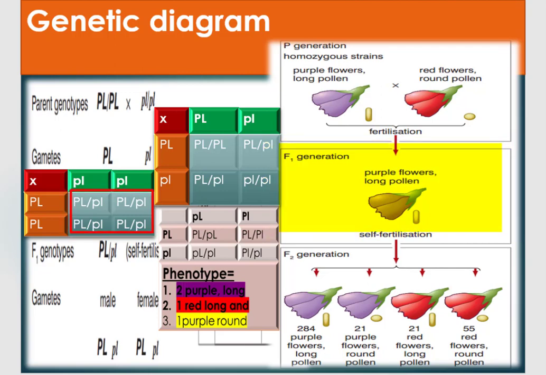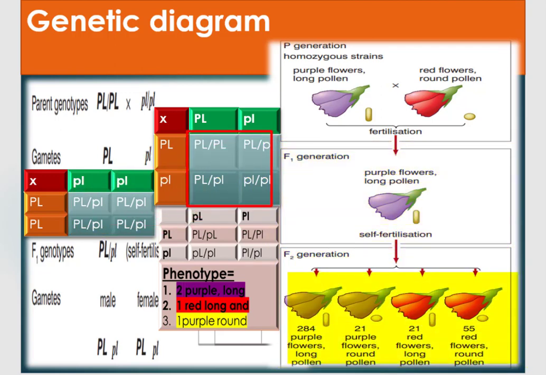When we see the phenotypic and genotypic ratio, phenotypically all are purple flowered and long pollen shaped. Genotypically, all are capital P capital L slash small p small l.